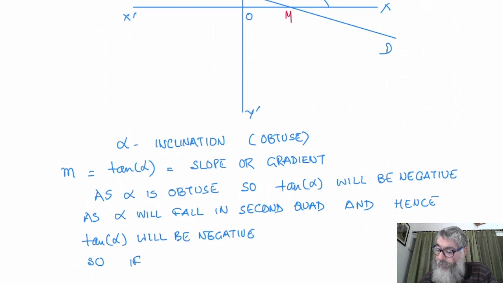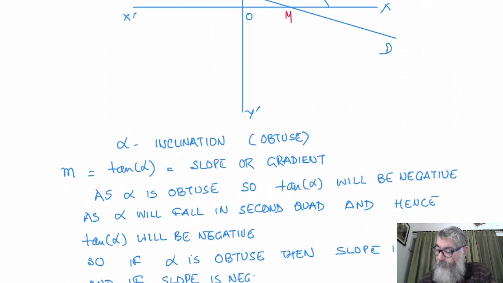So, like we wrote in the first case, if alpha is obtuse, then slope is negative. And if slope is negative, then the inclination is obtuse.